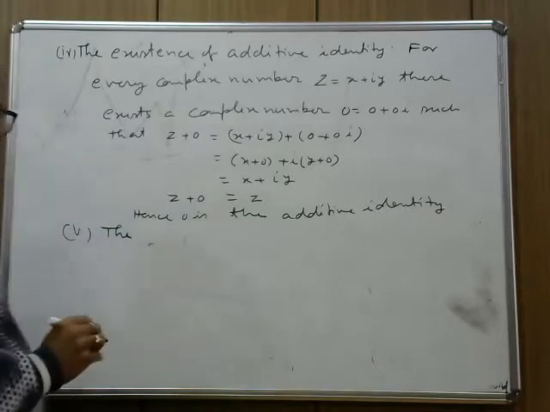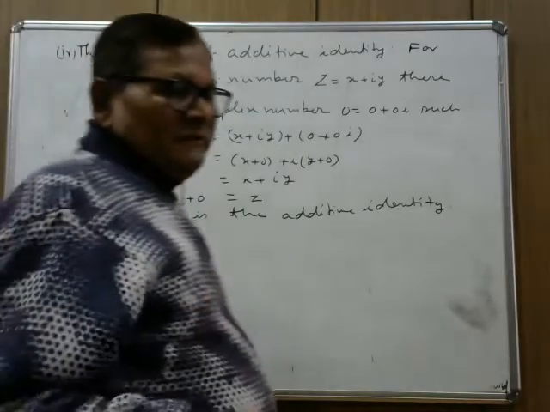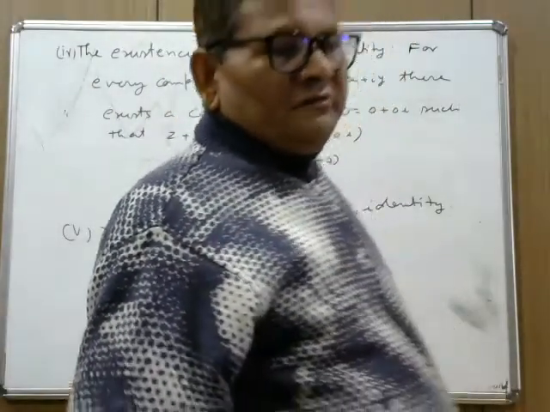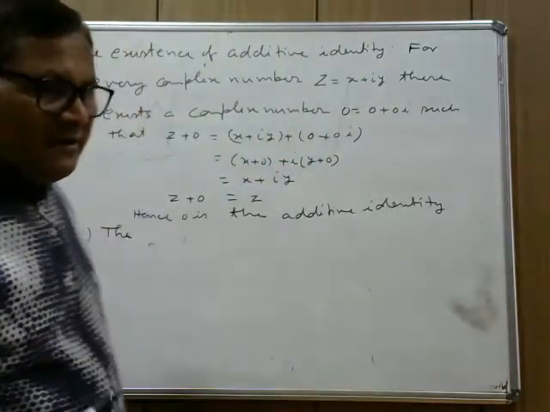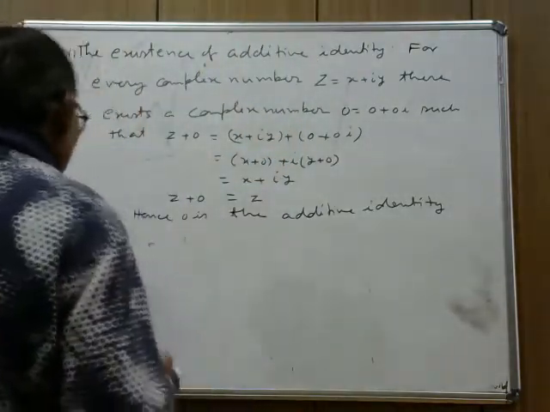The sum of a complex number and its additive inverse is equal to the additive identity. That is the property for additive inverse.